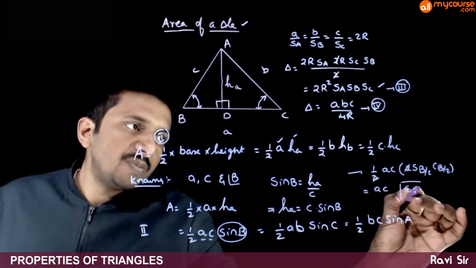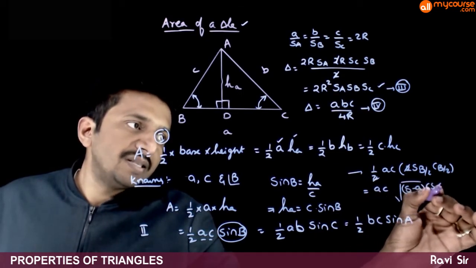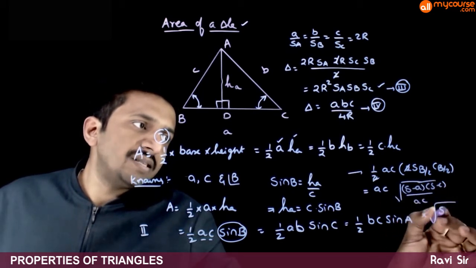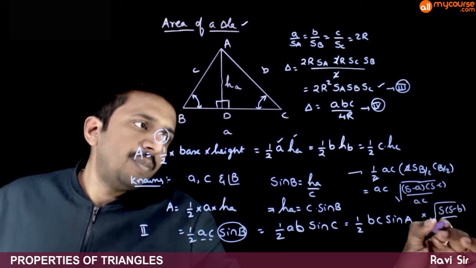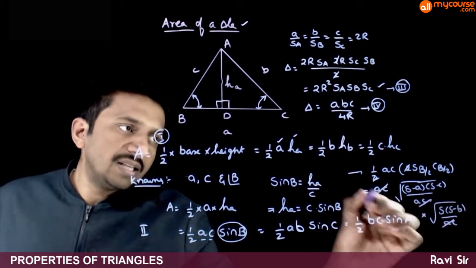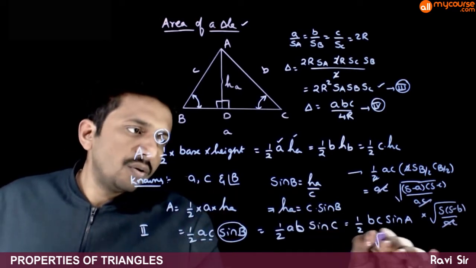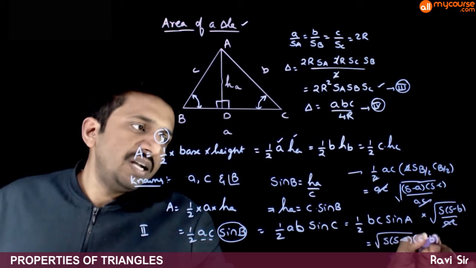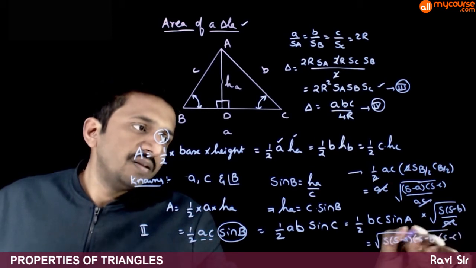Root of (s minus a)(s minus c) by ac, into root of s(s minus b) by ac. So root ac into root ac is ac, and ac gets cancelled. That is equal to root of s times (s minus a) times (s minus b) times (s minus c).